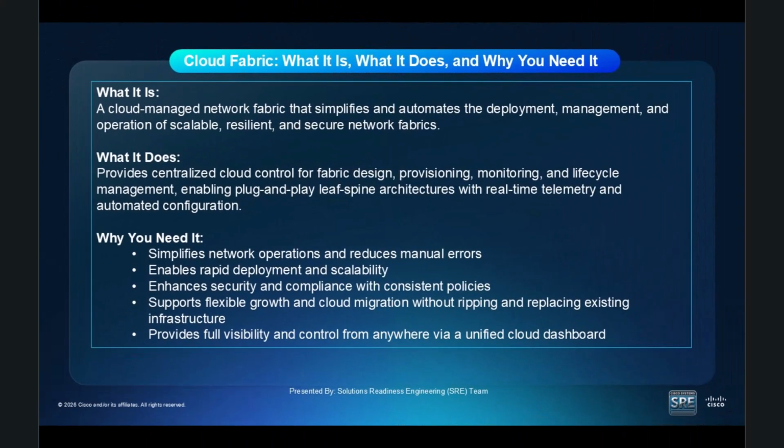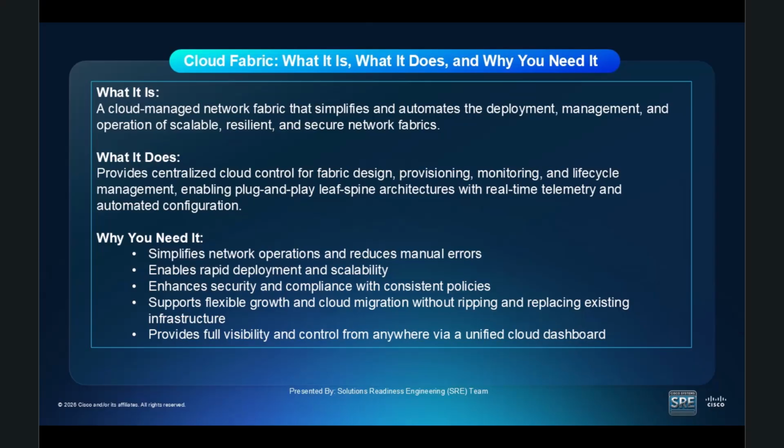For a quick explanation of what Cloud Fabric is, you can think of Cloud Fabric as your network's smart cloud managed brain that makes everything simple and seamless. It's designed to grow with you, easily scale to support thousands upon thousands of users and devices across multiple buildings in a campus environment.